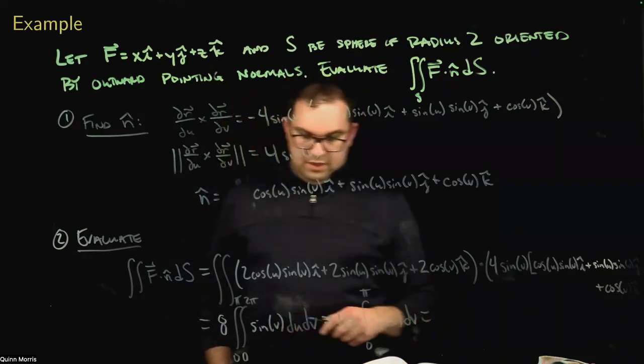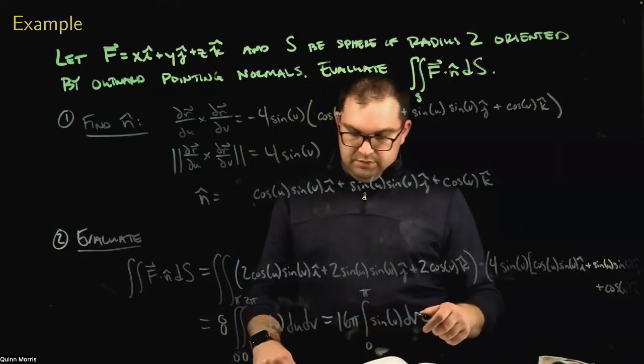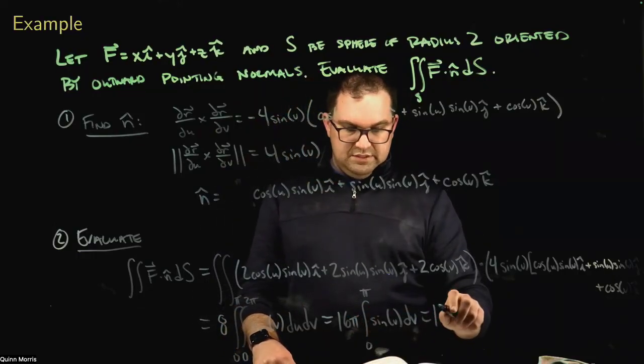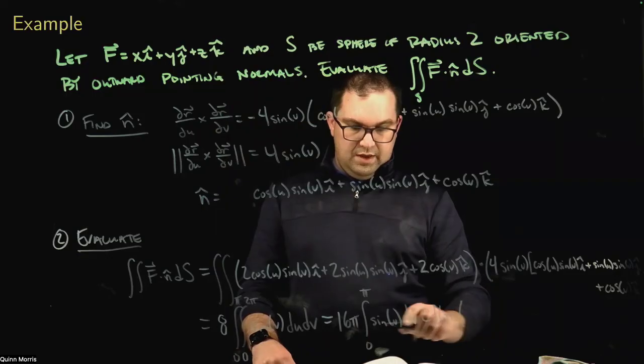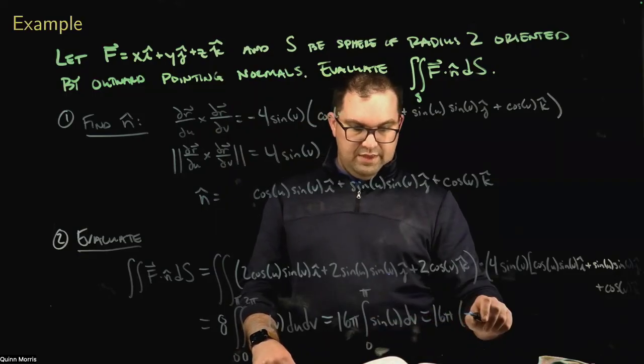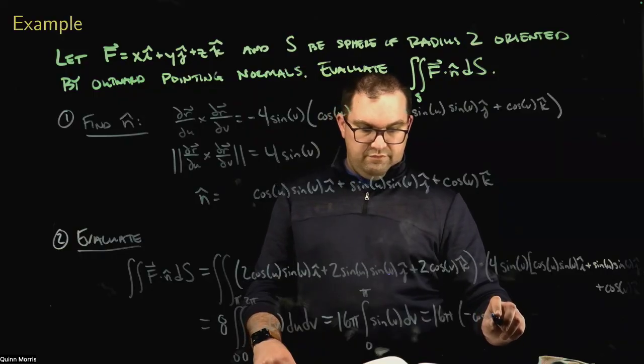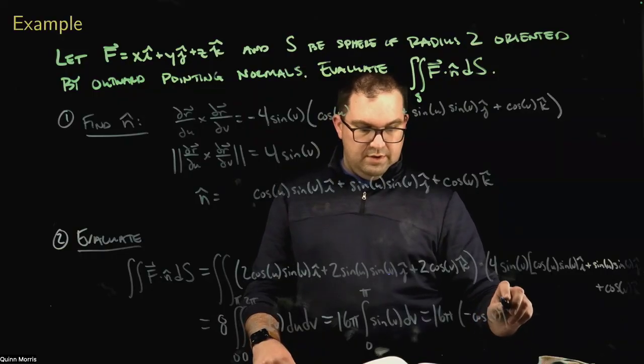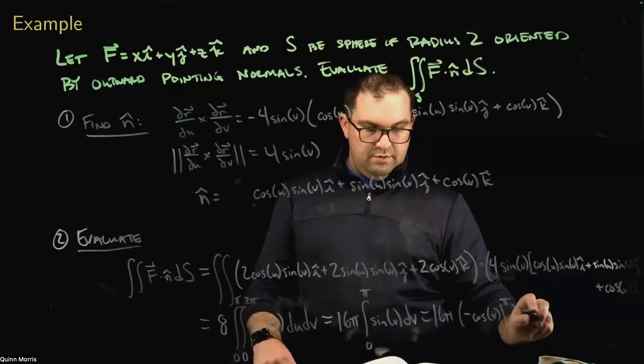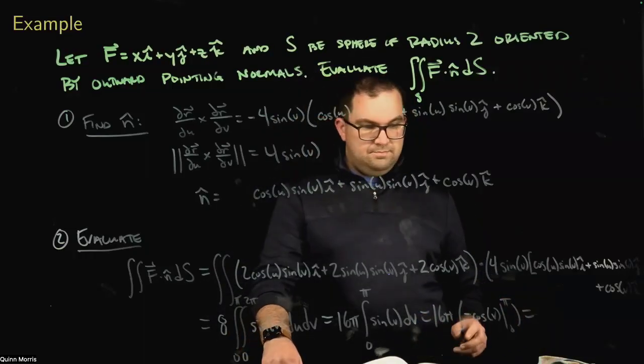That becomes 16 pi times the antiderivative, which is minus cosine, evaluated at pi and 0, and take the difference.